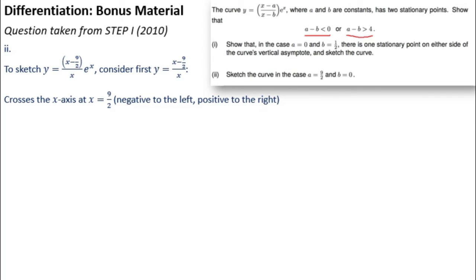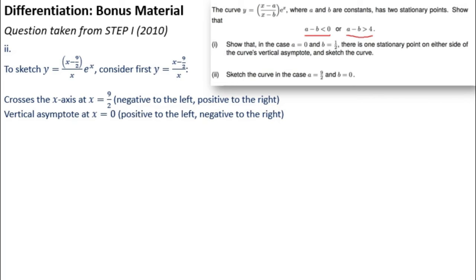If you start with, say, 4.4, instead of 4.5, you'll have 4.4 minus 4.5 over 4.4. In other words, a negative over a positive. Whereas if you have 4.6, then you end up with a small positive on the top of the fraction and a positive value on the bottom of the fraction. So we know not only that the curve crosses the x-axis at the point 4.5, 0, but also that it's crossing from below to above as we move to the right.